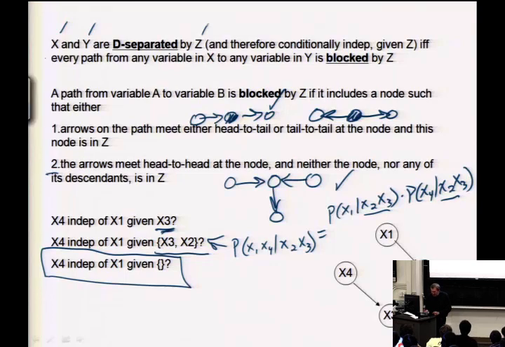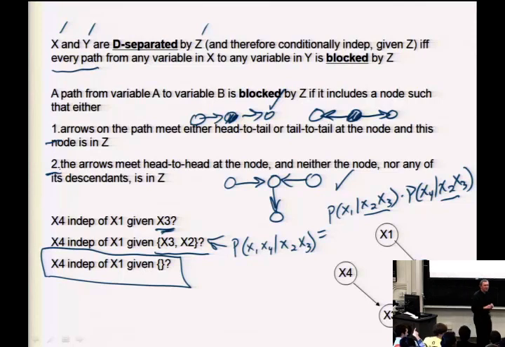And we'll say the set x is d-separated from the set y by z, and therefore it's conditionally independent, if and only if every path from any variable in x to any variable in y is blocked. And then we can block it either of two ways, this way or this way. Both will suffice. And for any path, we need only block it at one point along the path. But if there are multiple paths, we have to block every one of them.